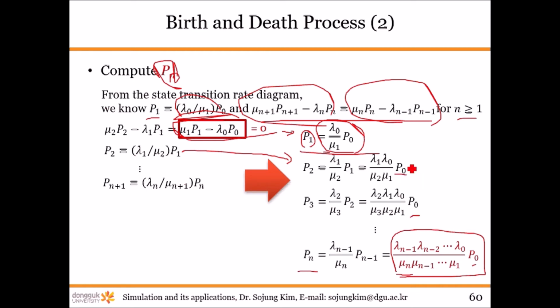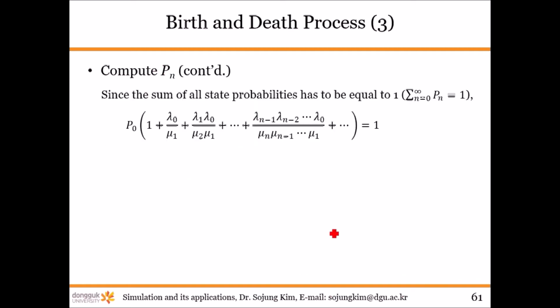So in other words, once you know the value of P0, you can get all the state probabilities of the system, right? And we know the definition of probability: the sum of all state probabilities has to be 1, right? That's the definition of probability.